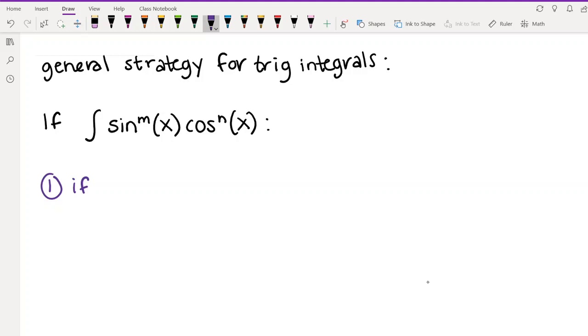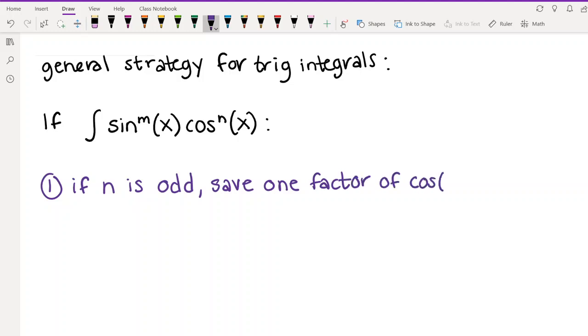So if cosine has an odd power, so if n is odd, what you're going to do is you're going to save one factor of cosine. So when I say save, I mean you kind of pull it aside like we did in the last few examples. And then because it's an odd number, when you've pulled one aside, you're left with an even number, right?